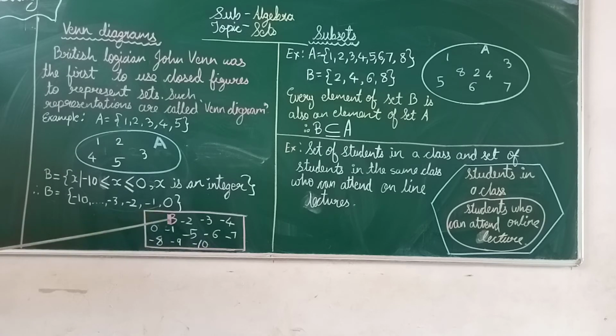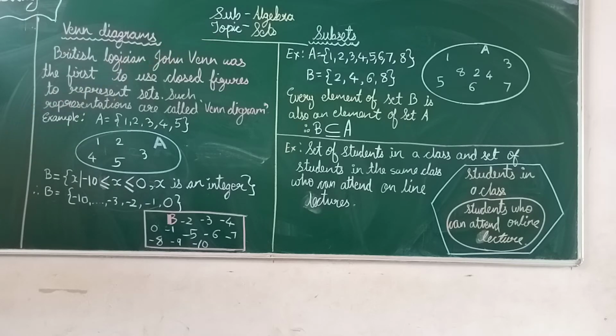I have given the name of the set, that is B, and you can see I have put the integers wherever we feel in this rectangle. I hope you have understood what a Venn diagram actually is. It's just a diagrammatic presentation of a set.